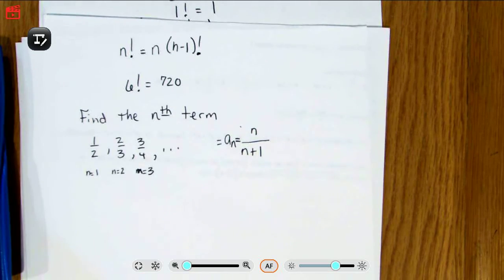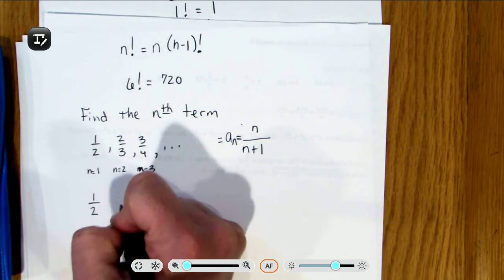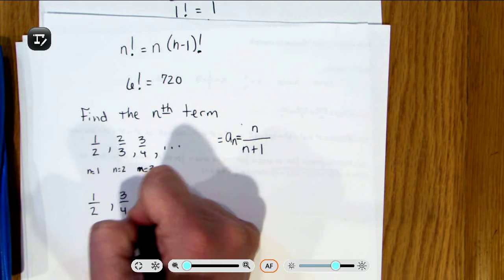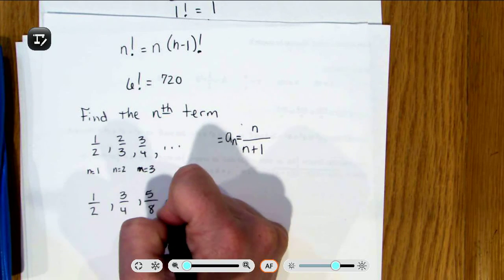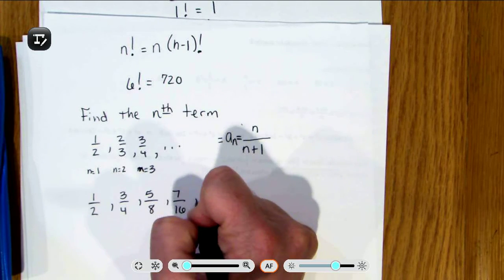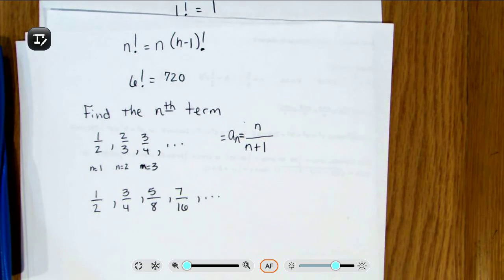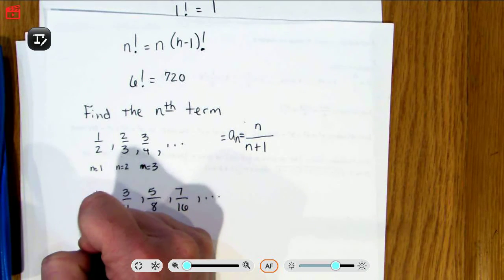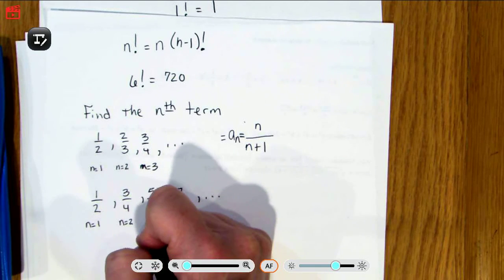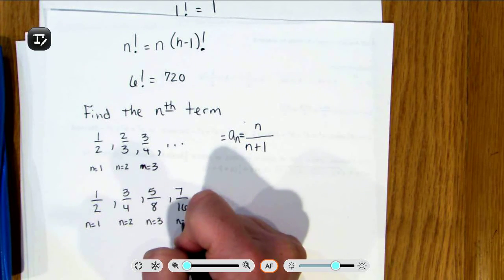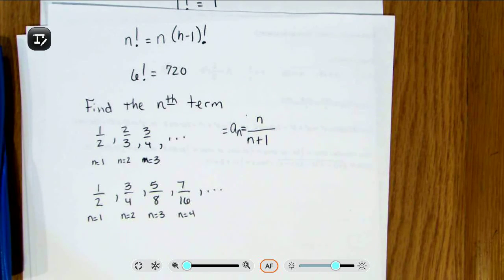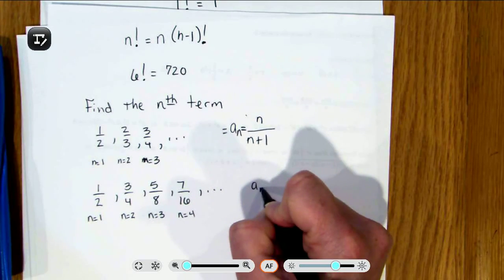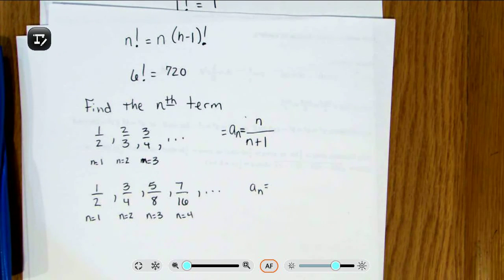Let's try another one. Let's do 1 over 2, 3 over 4, 5 over 8, 7 over 16, and so on. All right, again, this is n equal to 1, n equal to 2, n equal to 3, n equal to 4. Now we got to think. So we want a formula.